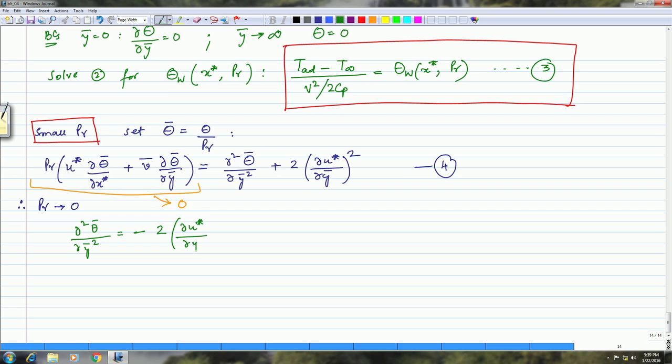We will do very simple math to solve this.